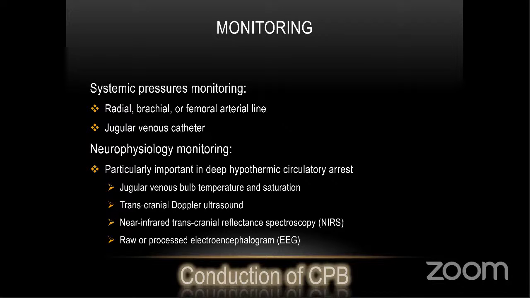Many devices are used for neurophysiology, including jugular venous bulb temperature and saturation, near infrared transcranial reflectance spectroscopy, raw or processed EEG, and also transcranial Doppler ultrasound.